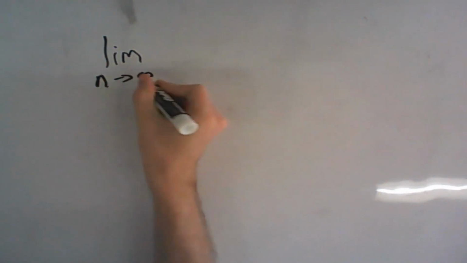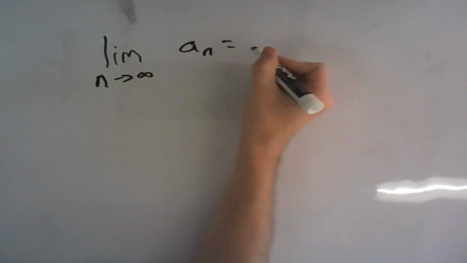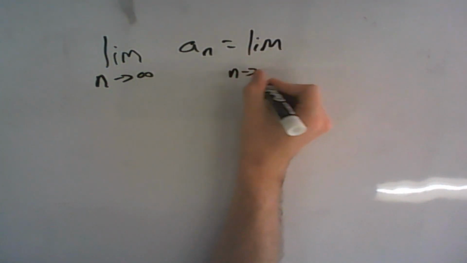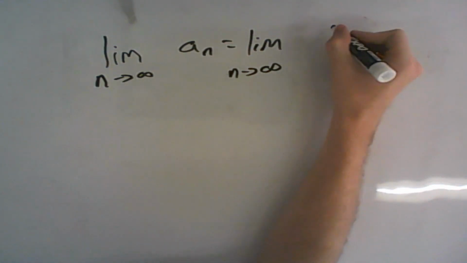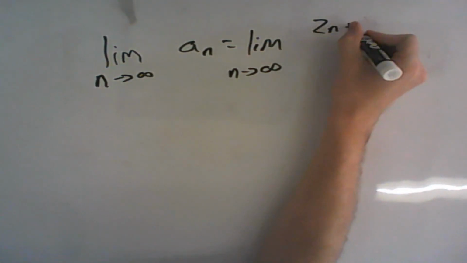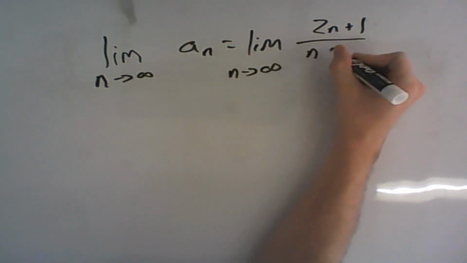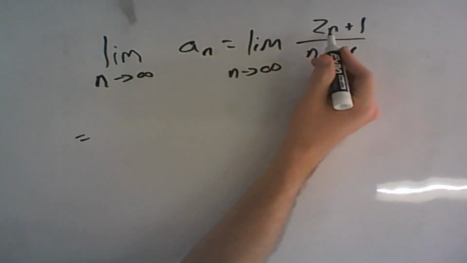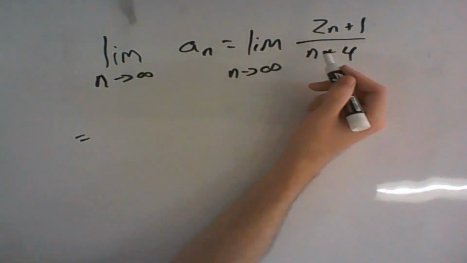So we're going to check the limit as n approaches infinity of a of n. For our sake, we're going to do different problems. Let's start with 2n plus 1 over n plus 4. In this problem, what are our powers of n?